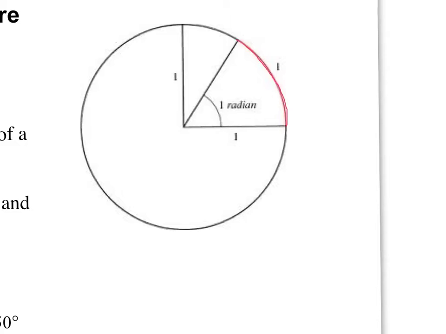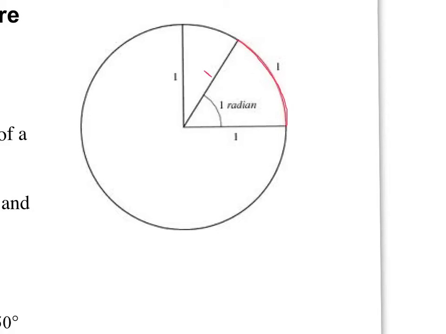If we do that, we come up with an arc where the length of that arc is 1, okay? And that is what we call 1 radian, okay?